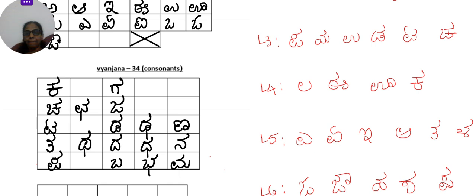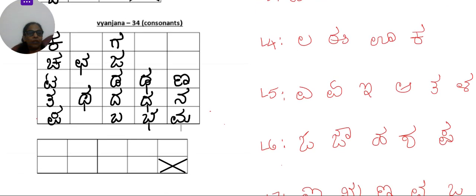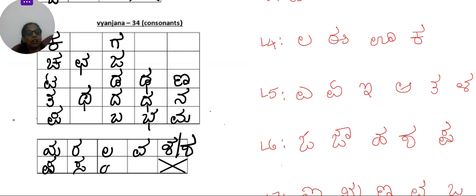Then ya, ra, la, ba, sha, or you can also write it like this: sha, sa, ha, la. So these were all the alphabets we saw from lesson 1 to 8.